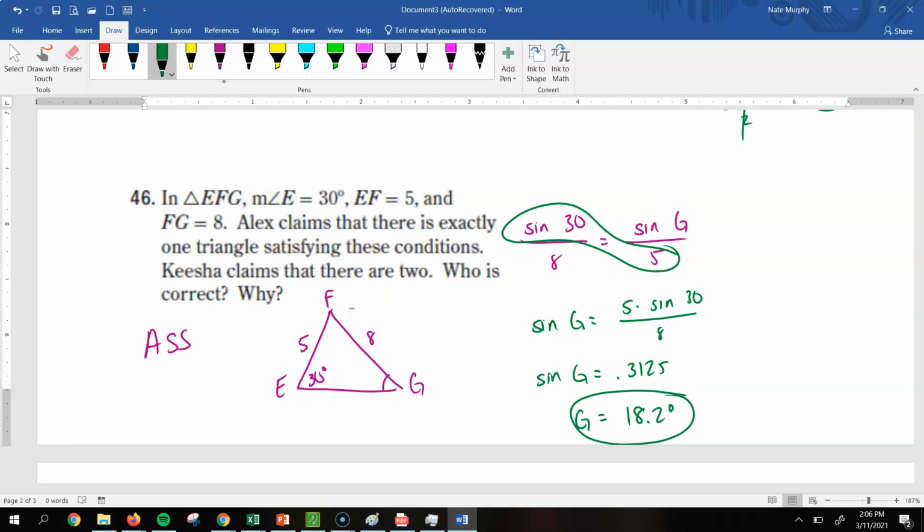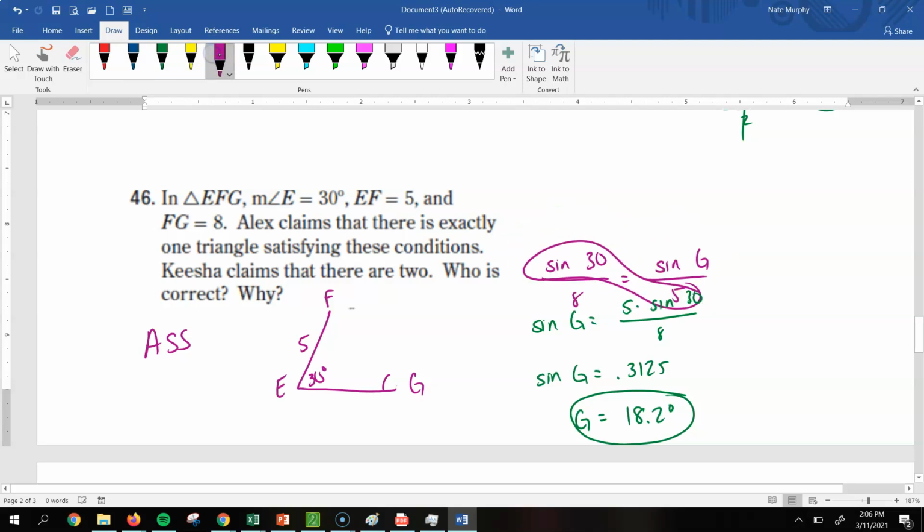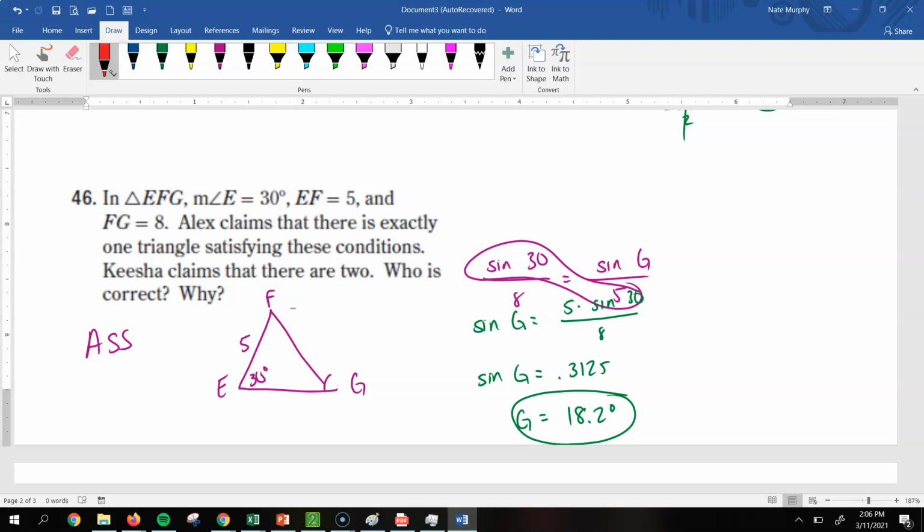Now, remember, there could be 2 possible scenarios here, because we could flip this 8 and have it be a bigger angle. So to find out if there is another triangle, we're going to take the supplement of 18.2 degrees. So I'm going to take 180 minus 18.2, and when I do that, I get 161.8.